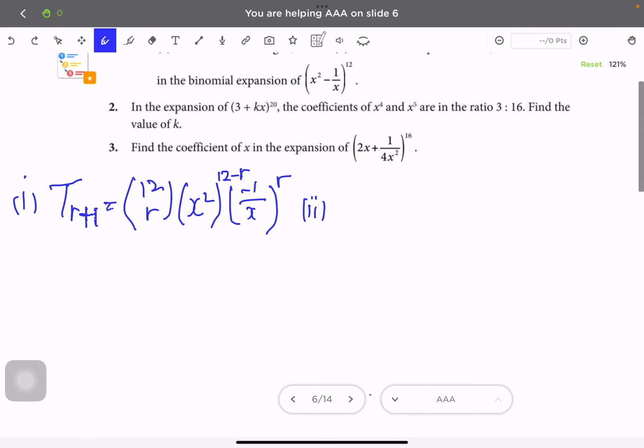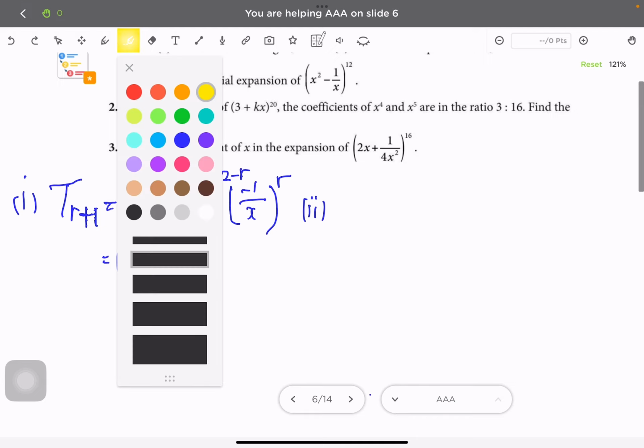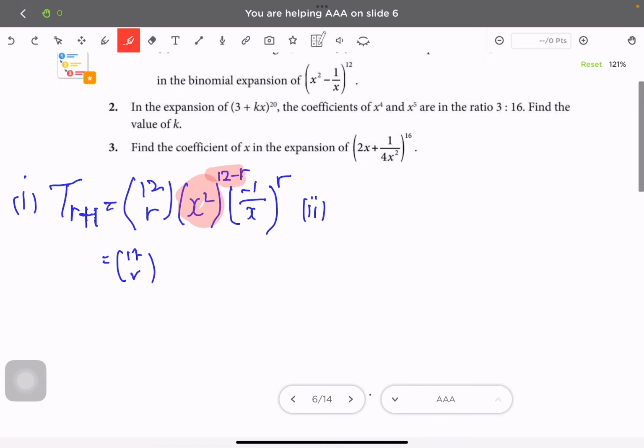Okay, the separation is by, this is your ab to the n, right? What I meant was this part here. You can multiply the power, you get x to the power of 24 minus 2r. This is for x the power there.